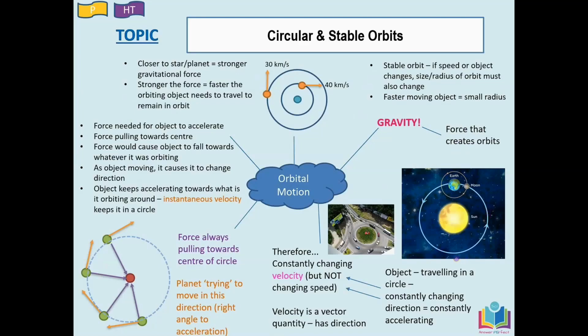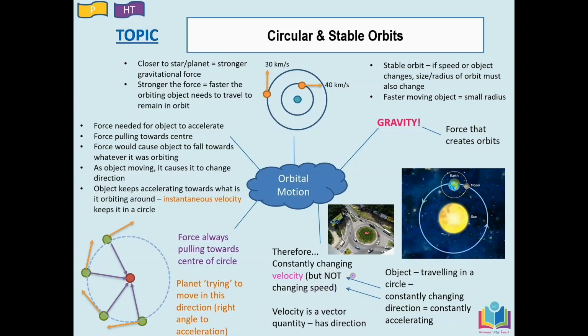An orbit is an object traveling in a circle. It's constantly changing direction. So this Earth is not going off in a straight line. It might be trying to, but actually it's constantly changing direction. Now, as it's doing that, it needs to constantly accelerate, and therefore it's constantly changing its velocity, but not its speed.